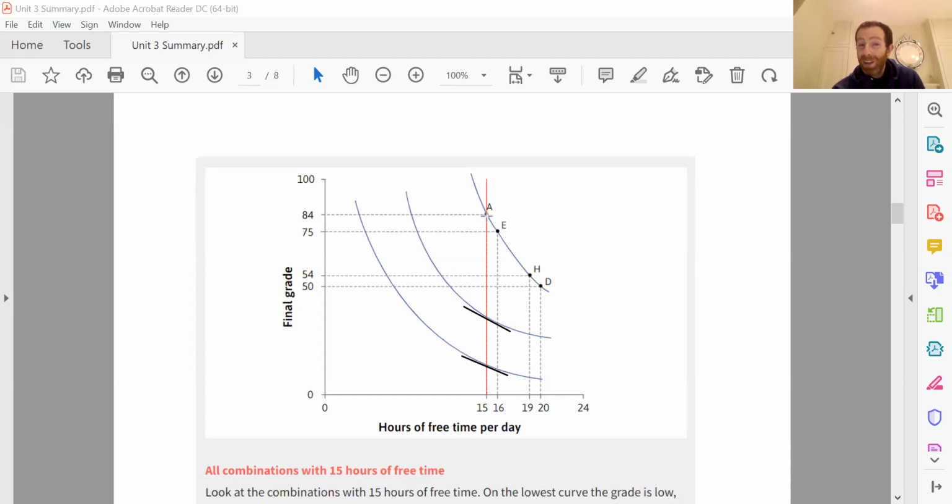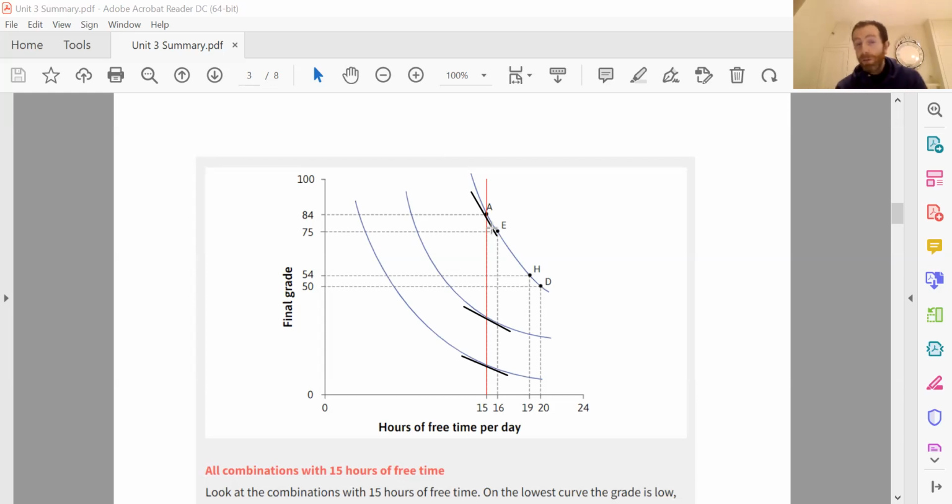And I could go up and we could look at the same thing here, and you can see really clearly the marginal rate of substitution at 15 hours of free time on this higher indifference curve is much, much steeper, because up here, Alexei's got a much higher grade, so he's much more willing to give up some of that grade to get more free time. So 2 really key things there.